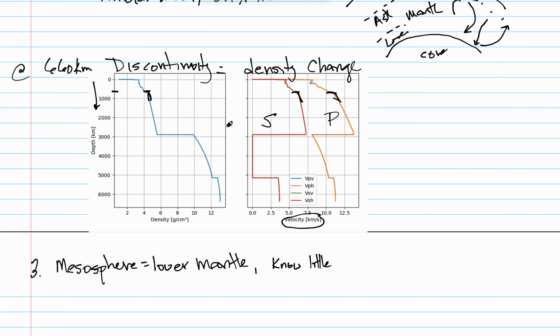But one thing I do want to point out to you about the mesosphere, I'm going to do it in red here. Here's the mesosphere in terms of its density, and here it is in terms of its earthquake wave speed. Notice how smooth that line is. There's not a bunch of jumbles and breaks like there are up here in the shallow mantle.